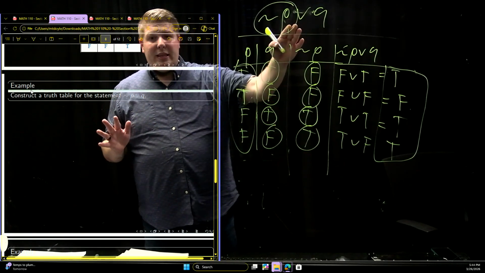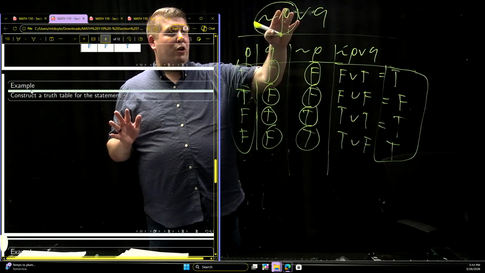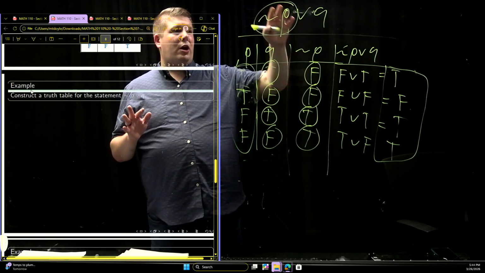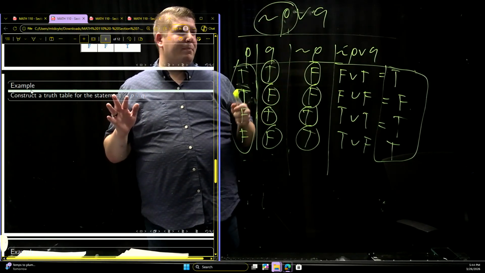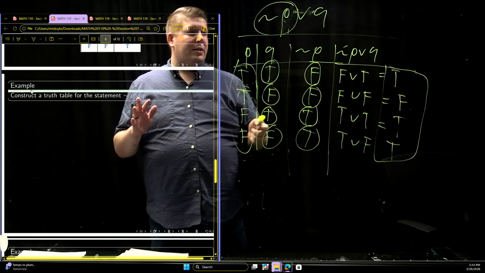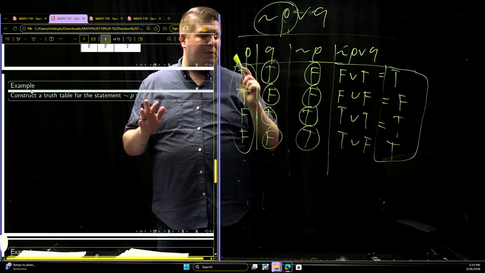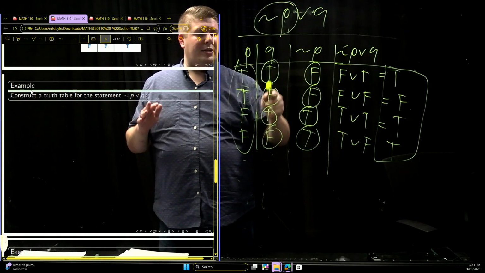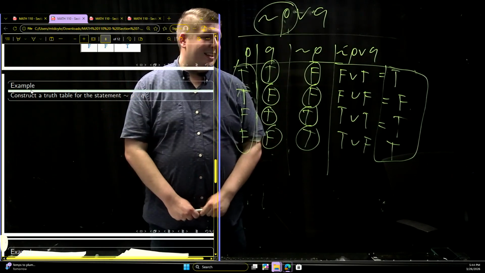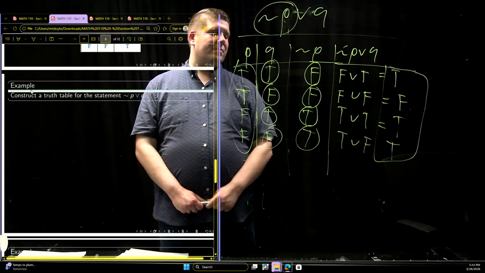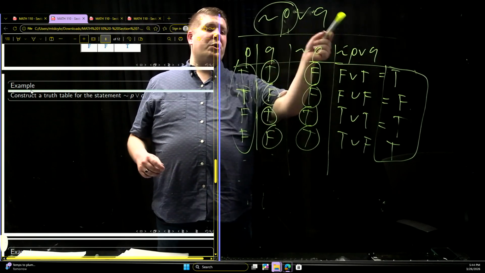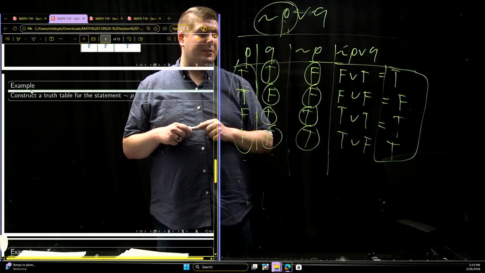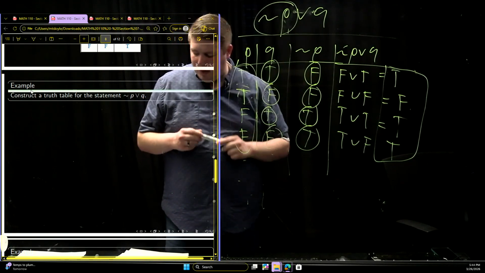Let's let P be I like strawberries and Q be I like grapes. The statement is false when I do like strawberries and I don't like grapes. That's what that means. Otherwise, this is true in all circumstances.